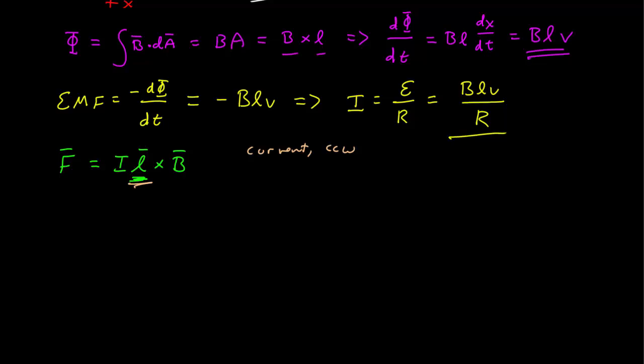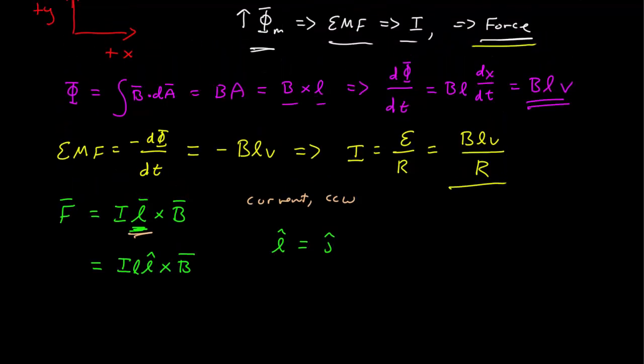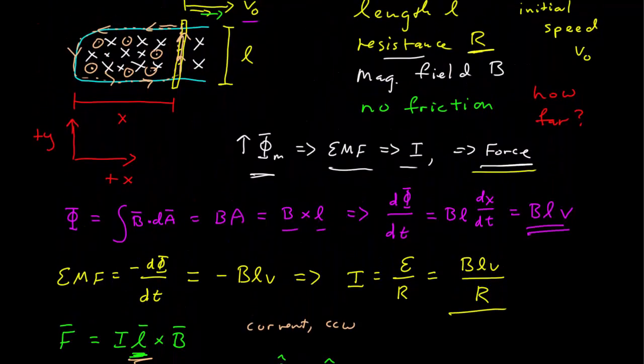All right. So now to calculate this force, we have I times L times L hat cross B, and L hat then is equal to positive j, so it's up. We can just use the right-hand rule.